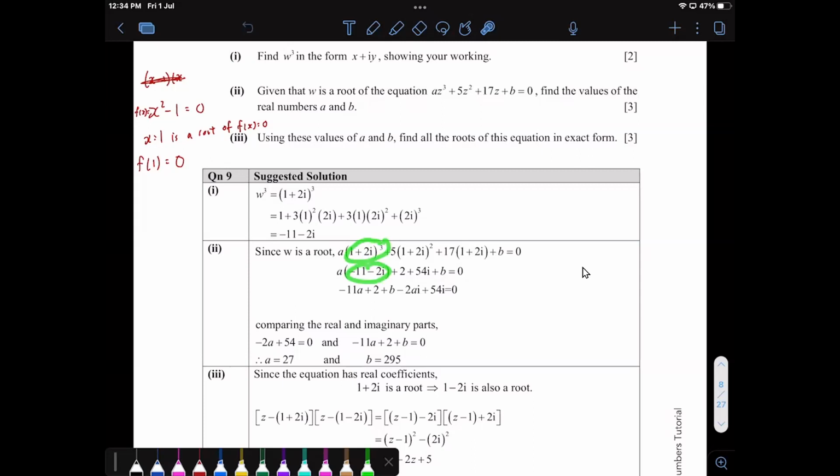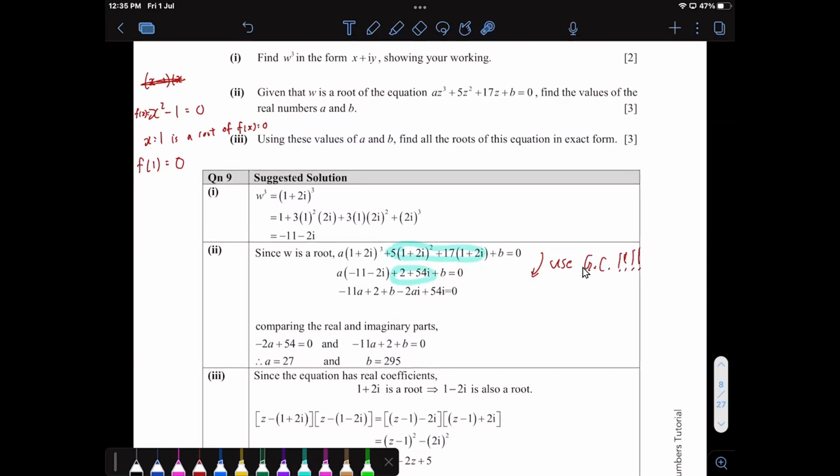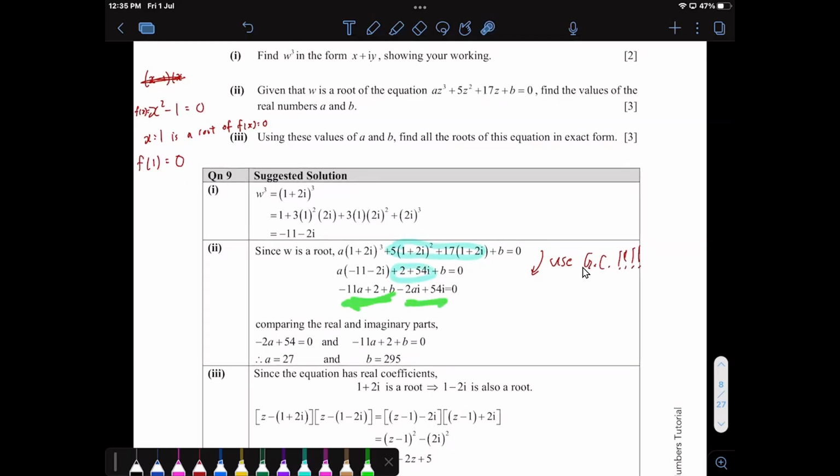Here you use a calculator. Maybe I should mention, use your GC. Make full use of your $200 GC. Here is a bunch of numbers you can key into the calculator, and it will calculate 2 plus 54i for you. Then you rearrange it so that you get the real part and the imaginary part.